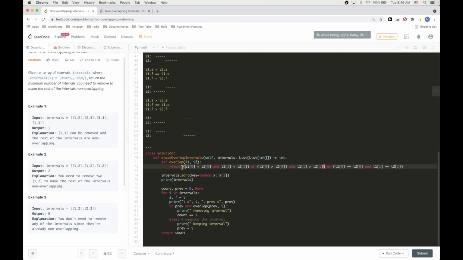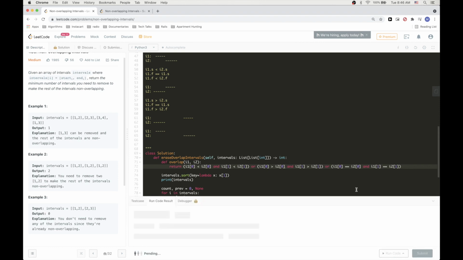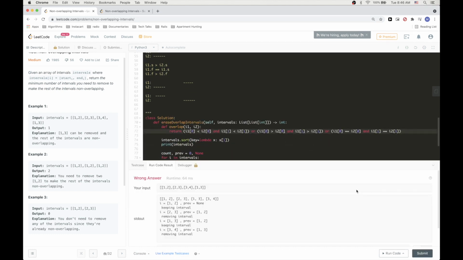Okay. So either this one here or this one here. So we can remove this, or that one. And this one actually is just I1 equal to I2.